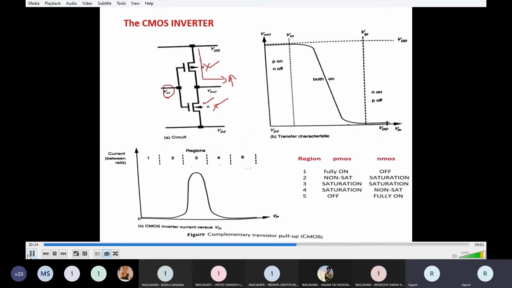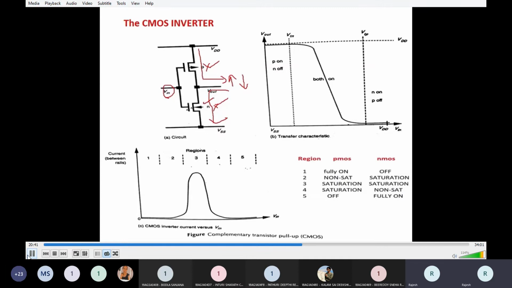There is a discontinuity in the path from VDD to output, and the output is connected to ground through this NMOS transistor, hence the output goes to 0. Hence you will get low output. So for low input you get high output, and for high input you get low output. Like this it can act as an inverter.